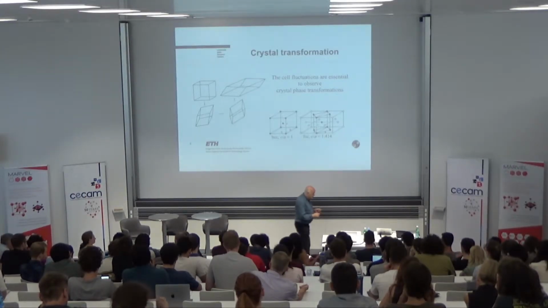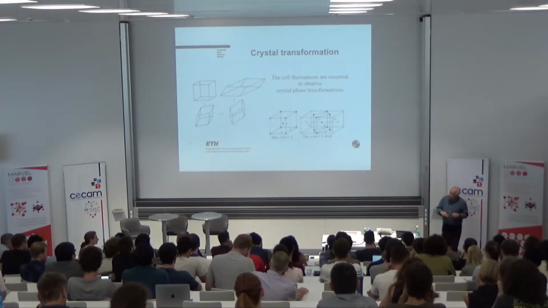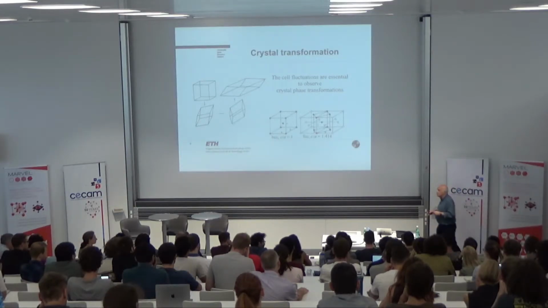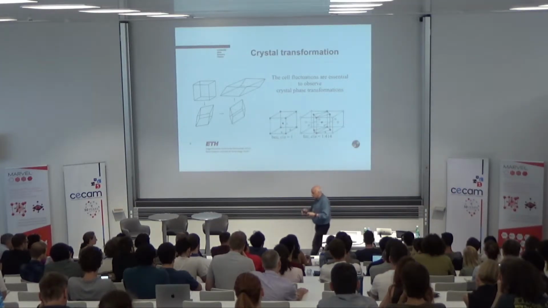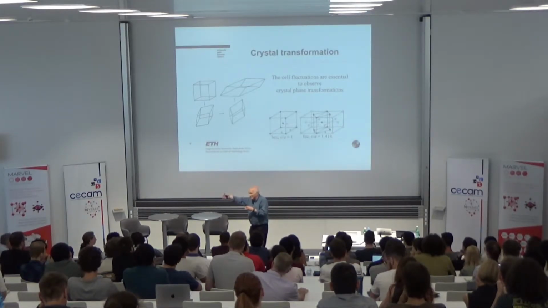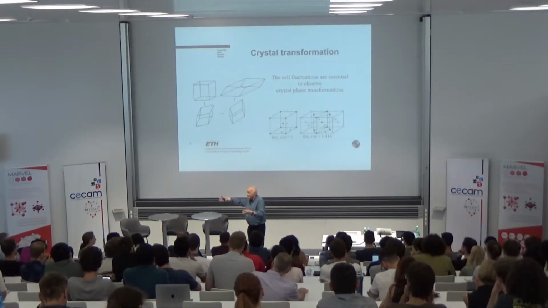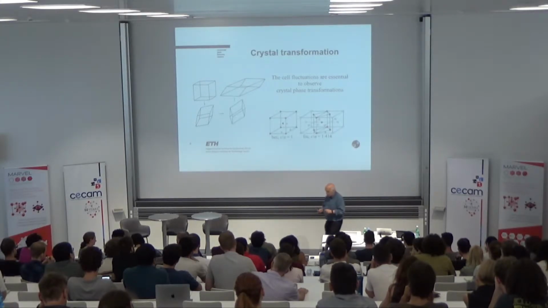And he pointed out to me that when you do molecular dynamics with fixed periodic boundary conditions, you cannot do it, because in order to go from one crystal structure to the other and be coherent with the periodic boundary conditions, you have to form defects and so on. So that would be impossible.